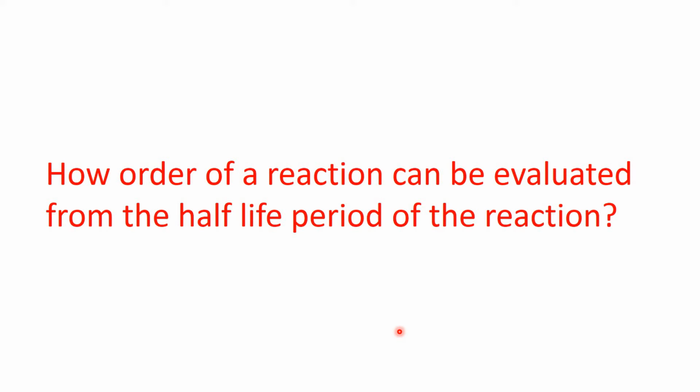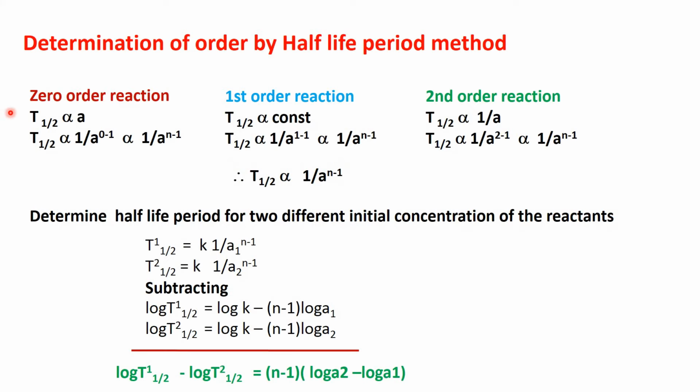Now, another question is, how can the order of a reaction be evaluated from the half-life period of the reaction? Let's see. We have observed that for a zero order reaction, T half, the half-life period, is directly proportional to A. So can we write this equation like this, proportional to 1 by A to the power 0 minus 1, where 0 is the order?